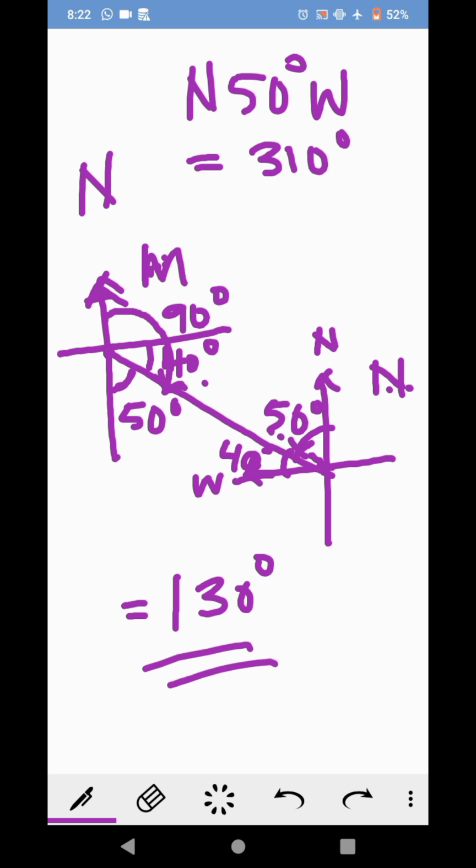So N is on the bearing of 130 degrees from M. Remember, we say M is on the bearing of north 50 degrees west, which is the same thing as 310 degrees from N. What is the bearing of N from M? We have found that it is 130 degrees. Okay, so let's move on and solve the last example.